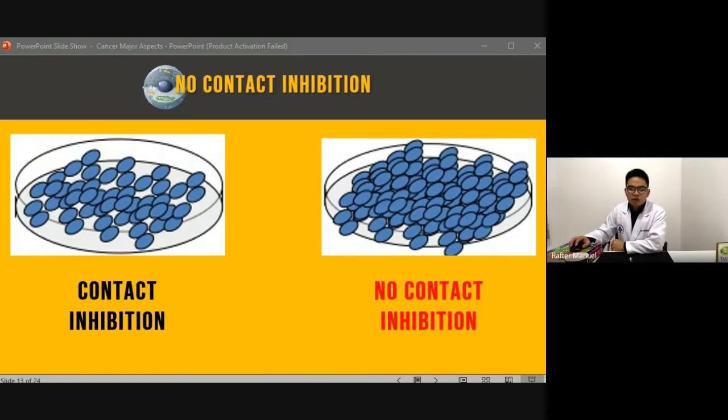Again, normally, because of the nature of the cell, they communicate with each other that they should not divide. They should stop dividing because they will overcrowd this place. But in the cancerous cell, even though they are already in contact with each other, they do not stop dividing, which makes this petri dish overcrowded, which makes this region of the body overcrowded. So that is the no contact inhibition.